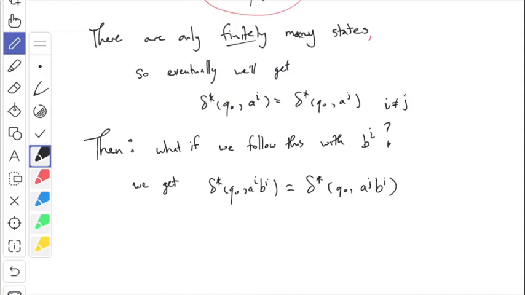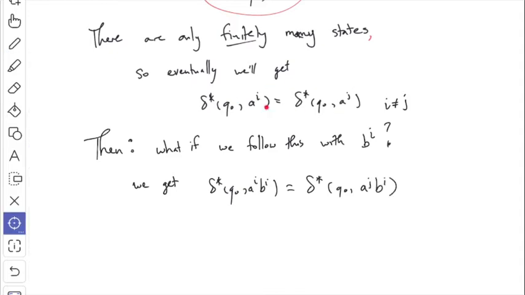I took each of these two strings and just stuck B to the I on the end of them. And since these match up at this state, you follow it with a bunch of B's, they have to match up still after B to the I. All right? Are you into this? I don't know. We're almost done. So it's okay if you're not into this.